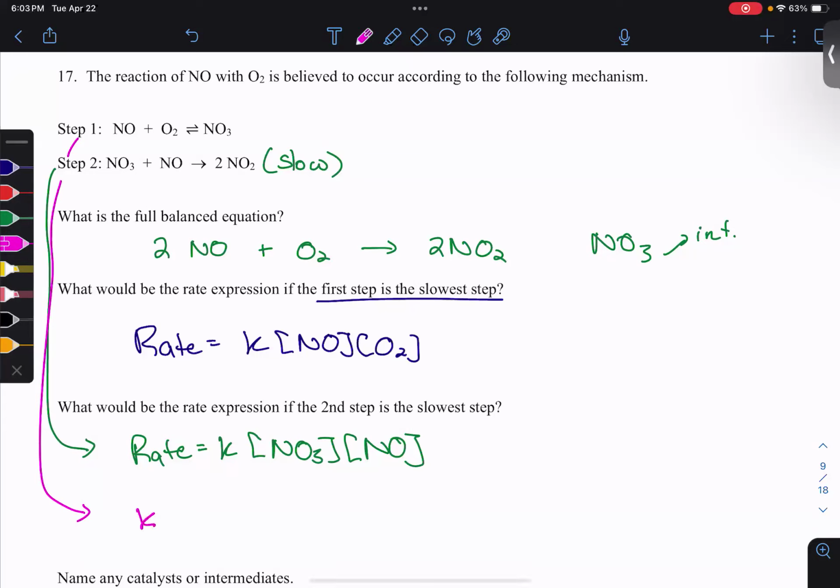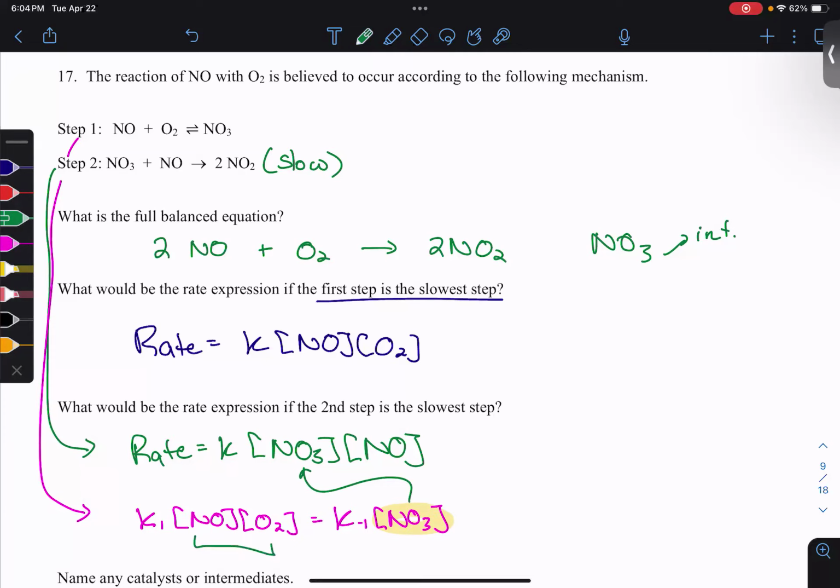So we say k forward times [NO][O2] equals the reverse rate constant times [NO3]. Writing this equilibrium step, the forward and the reverse reaction, allows us to replace the intermediate that we can't have in the rate law. So we can see that we can replace NO3 with NO and O2.